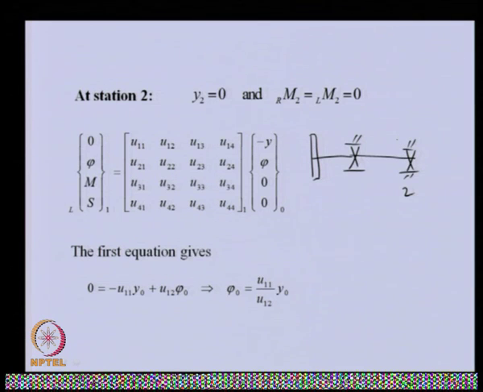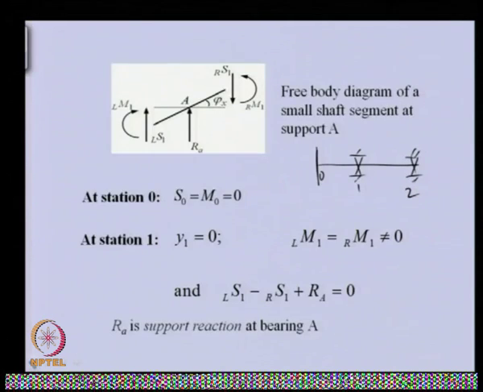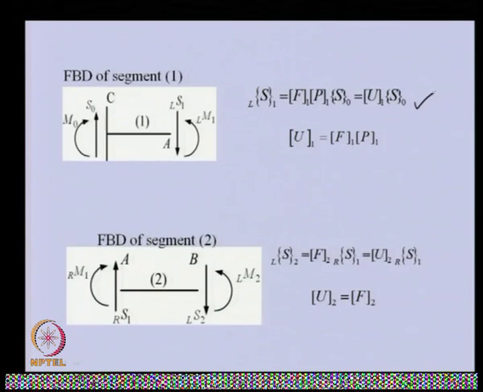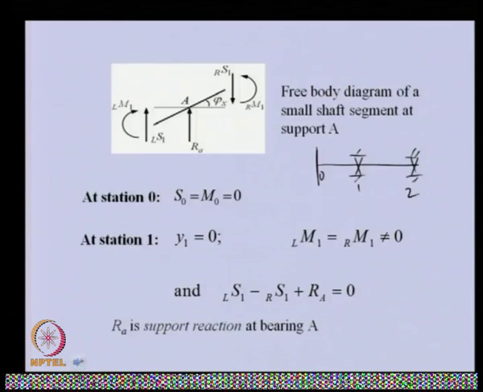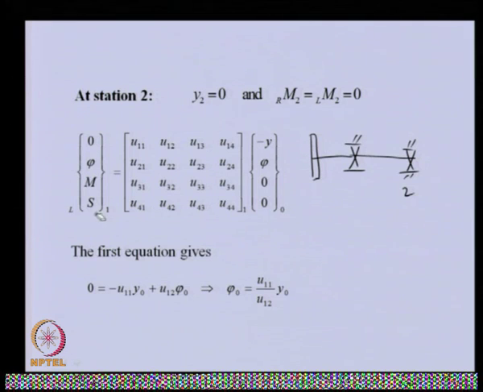Now let us see this equation, corresponding to the first equation which we wrote. This equation relates the state vector at 0 and left of support 1. At support 1 we have seen that the displacement y1 is 0, so we have kept this as 0, and at station 0, because this is a free end, bending moment and shear force both are 0.